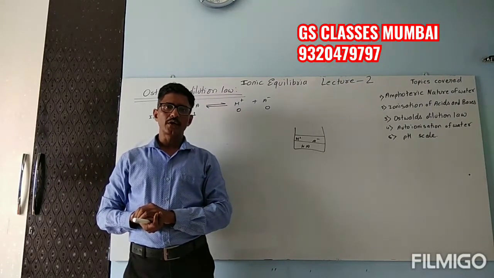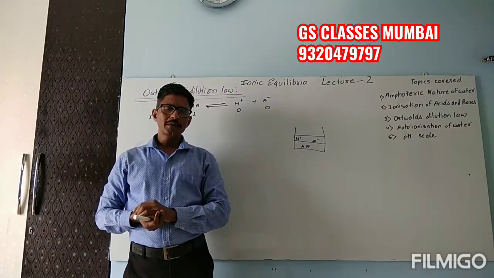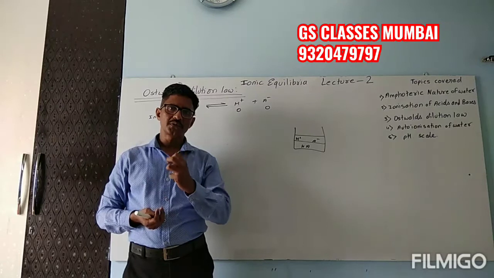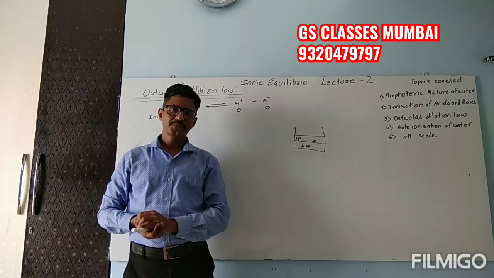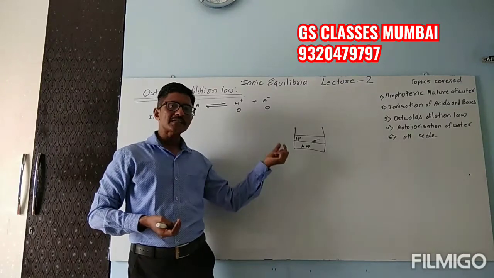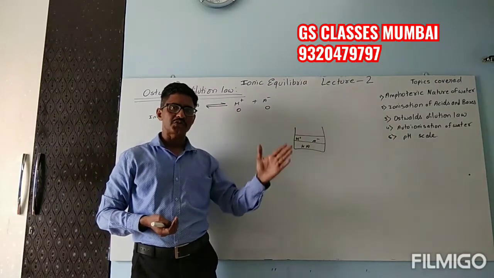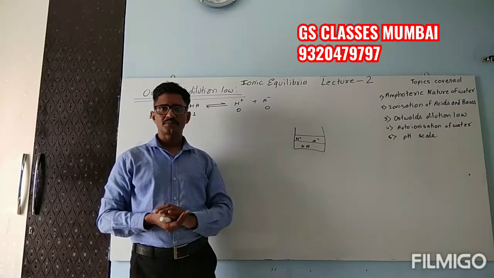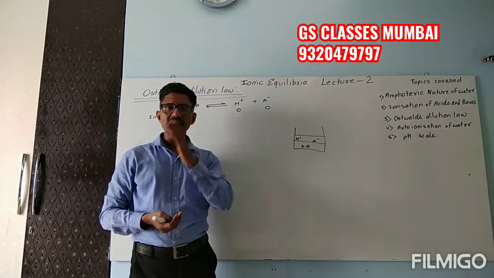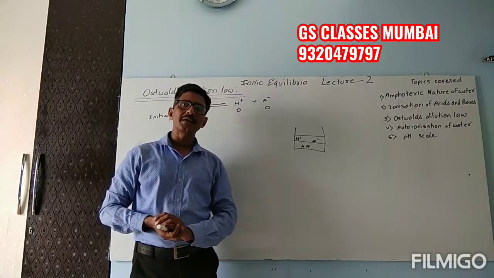Reaction is still going on. But the thing which has stopped is the change in the number. Number of H plus ion and A minus ion is now fixed. Number of HA is now fixed. This is the stage of equilibrium.